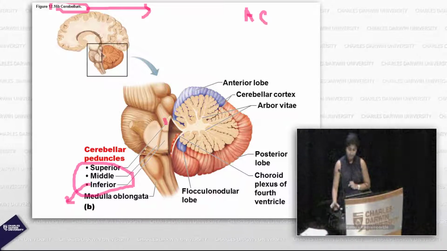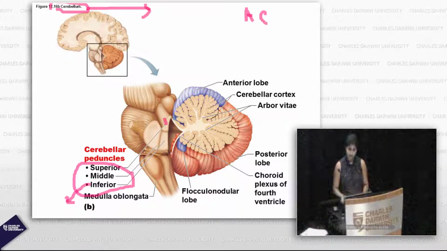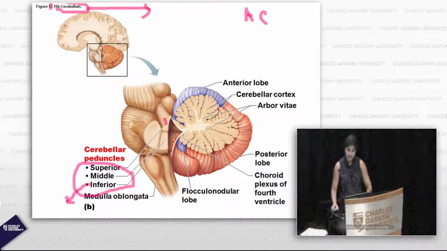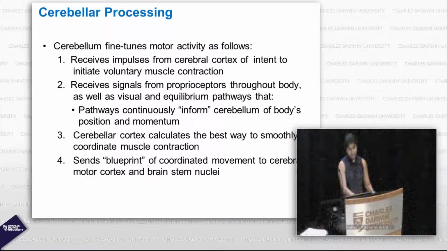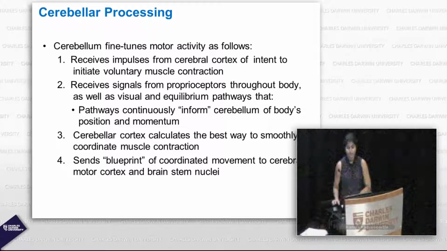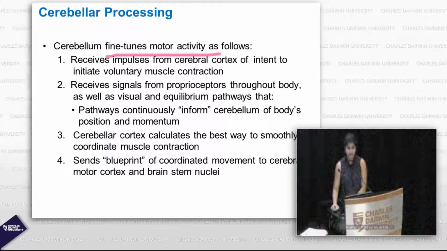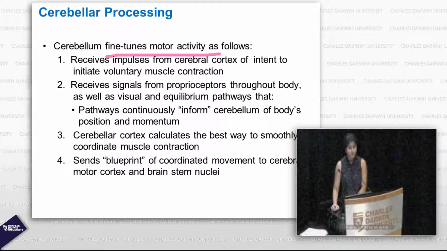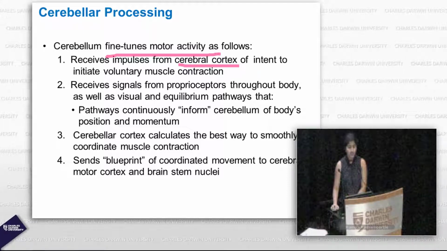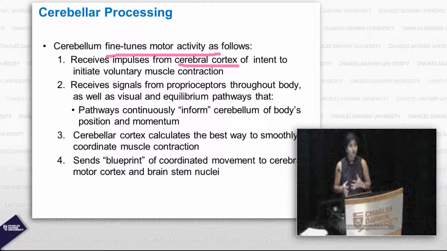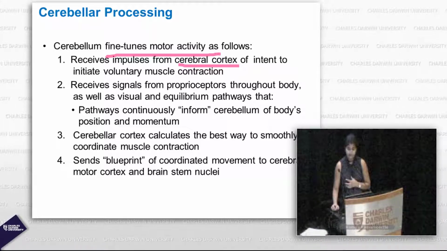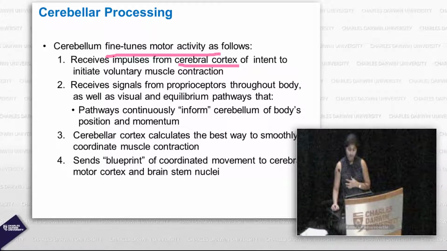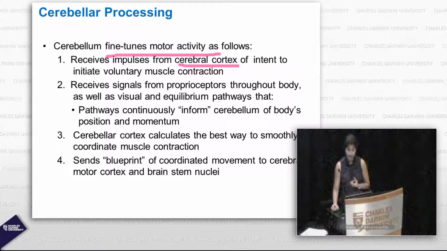So in this slide, you just have to understand the different fibers. That's enough. All right. So the cerebellum controls most of your fine motor activities. It receives information from the cerebral cortex and initiates your voluntary muscle movements. And various other important functions: it also receives information from your proprioceptors.